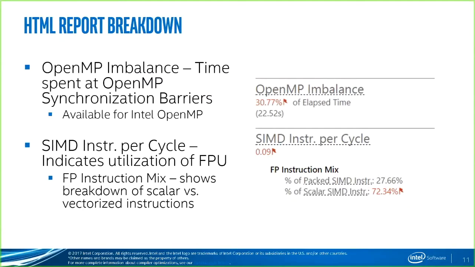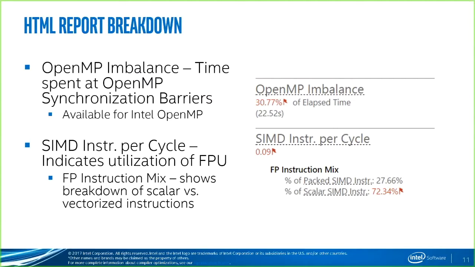For OpenMP, currently we have just the OpenMP imbalance metric, and again this is an average per rank. The OpenMP imbalance metric is available for the Intel OpenMP implementation, and I think Intel OpenMP is the major runtime used right now on Theta.